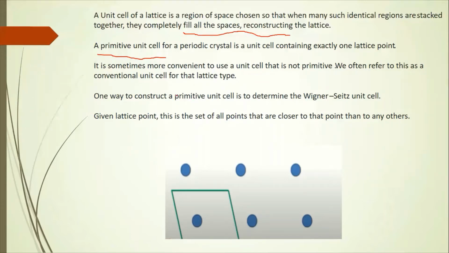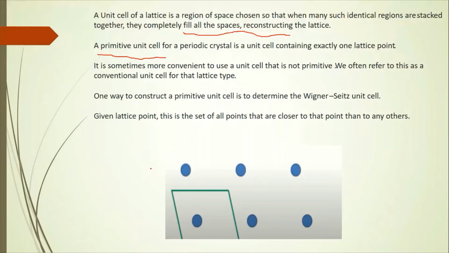We could include many lattice points to cover the entire space, but a primitive cell contains only one point, as shown in this picture. By repeating the unit cell, we are able to cover the entire space using the primitive lattice vectors.